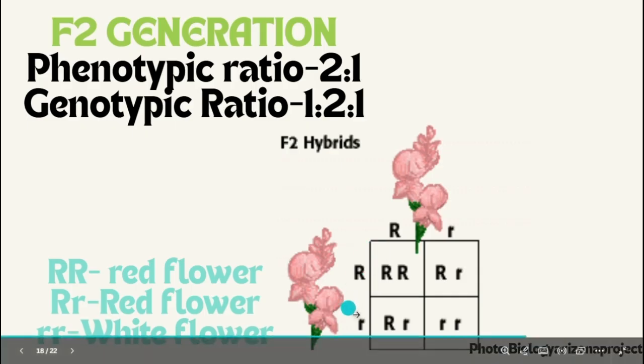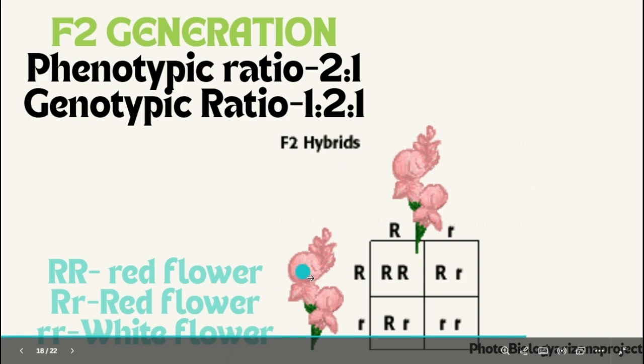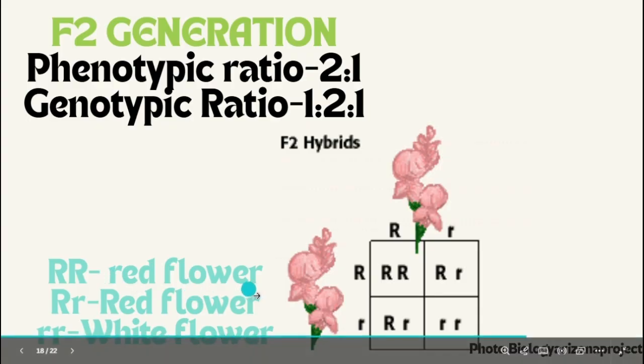If a heterozygous crosses with another heterozygous, in this case we're going to use big R for red flowers, big R little r also for red flowers, and little r for white flowers. Red is the dominant trait, and both these genotypes code for it.